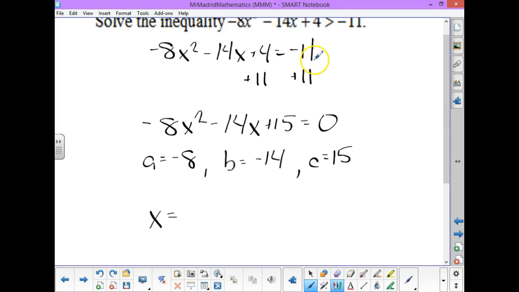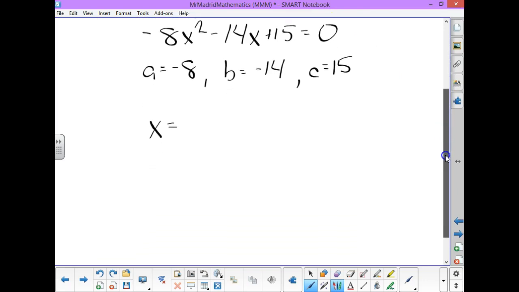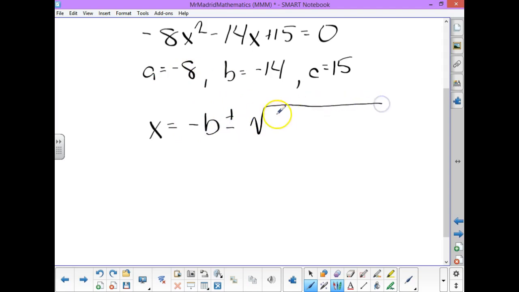Of course, we've turned it into an equation, so it'll give you the solution to the equation, and then we'll address this inequality bit, which you may not be familiar with, and that's where I come in. But anyways, you want to plug these values into this formula: negative b plus or minus the square root of b squared minus 4ac, the whole thing over 2a.